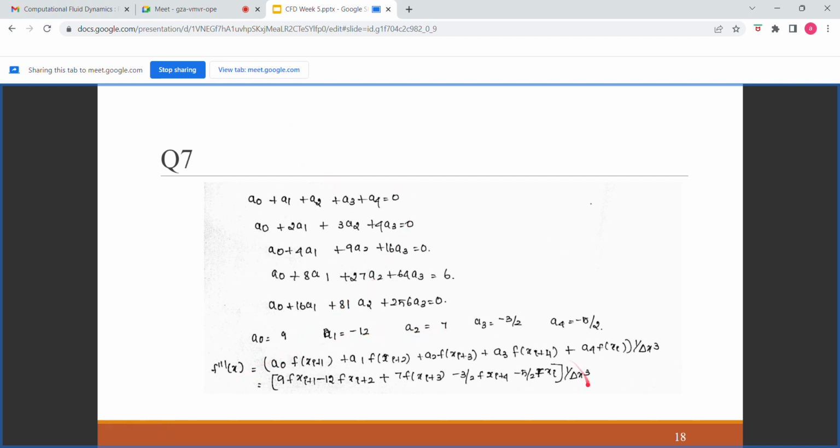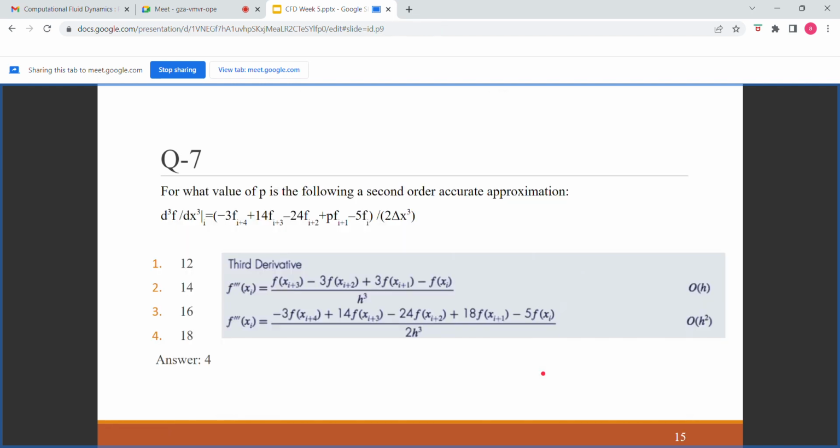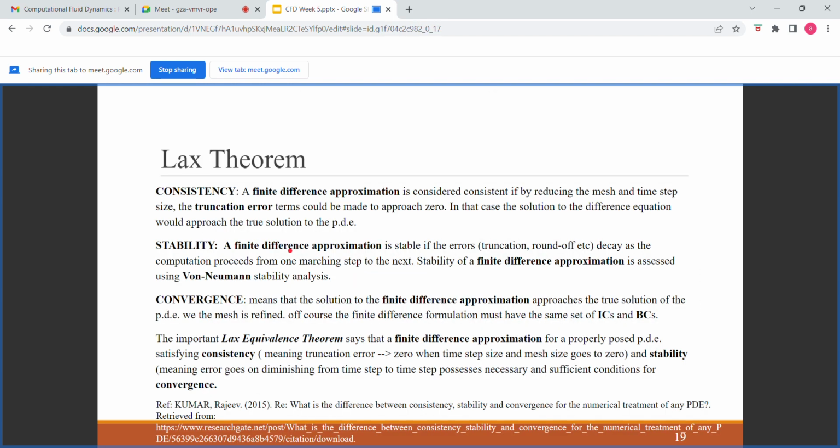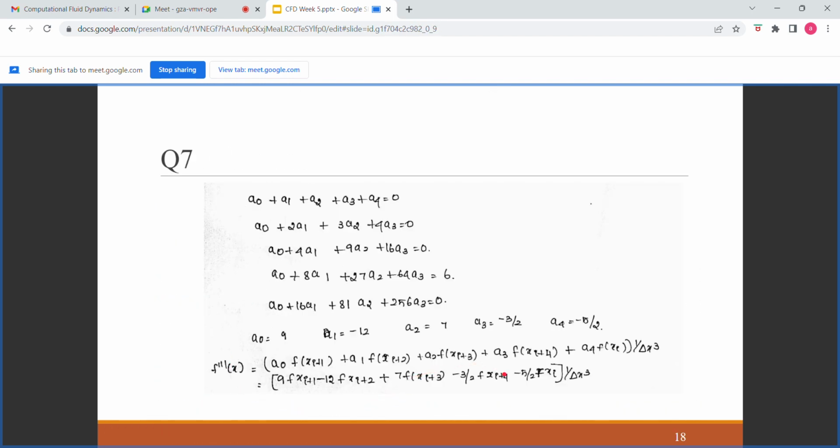When we take 2 common, as in the question given here, 2 is put in the denominator. Similarly, if we rewrite the equation, we will get the desired answer. So we'll now move on to the next one.